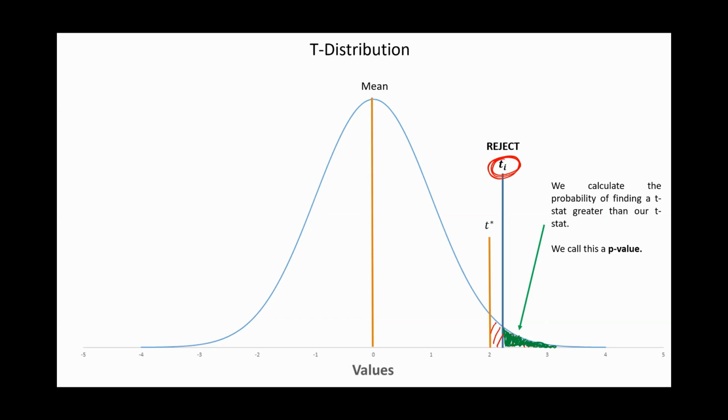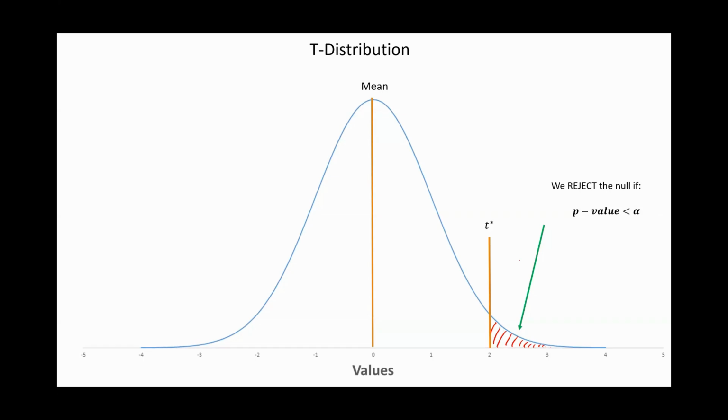We're going to calculate the area underneath the curve beyond our t-statistic, and we're going to call that a p-value. And we will reject the null if our p-value is less than our chosen alpha. So that's practically speaking what we do.